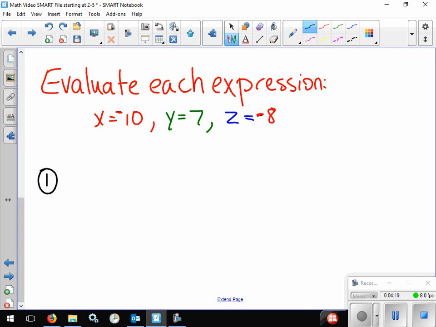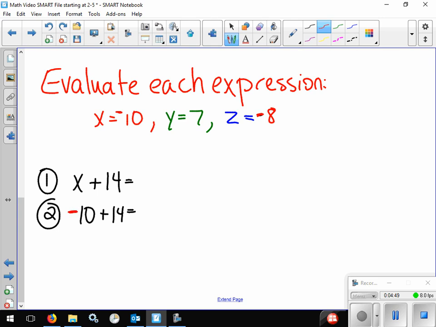My first problem is x plus 14. Well, I don't know what x is until I look at the directions, which say x is negative 10. So I'm going to plug it in. I'm going to substitute negative 10 for x. I'm going to say negative 10 plus 14, because that's what x is. Remember, negative means you owe me money.